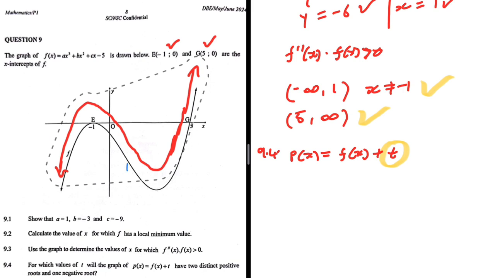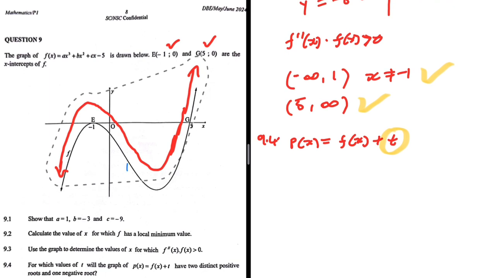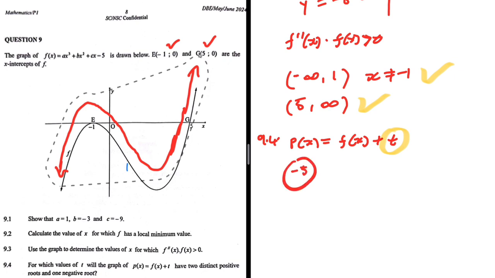The y-intercept initially on our function is at -5. Let me write that down. The y-intercept is at -5. But when our y-intercept is greater than 0, then we have one negative and two positive roots. So we need to shift this graph by just above 5 units up for us to have one negative and two positive.